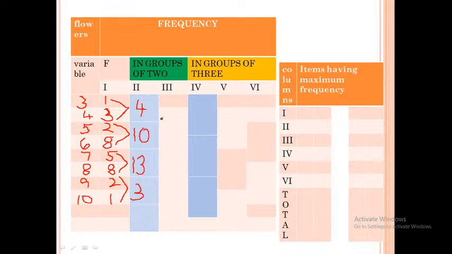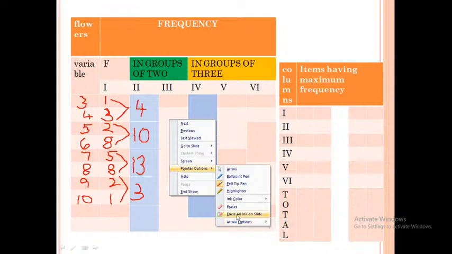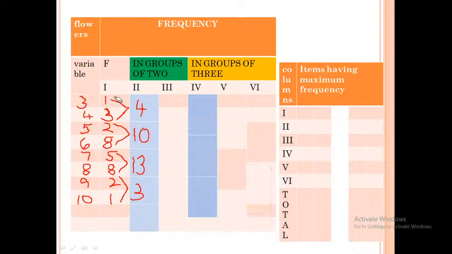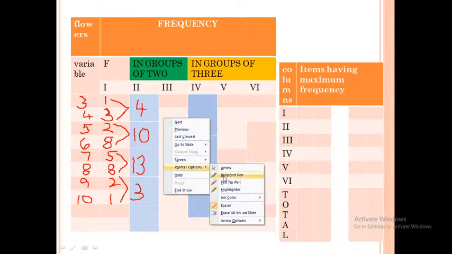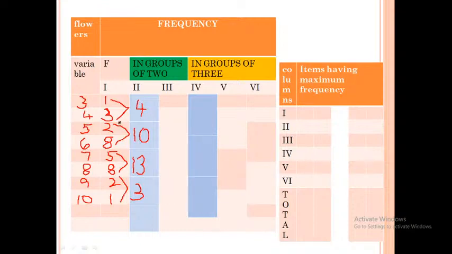Now, next step, that is in column 3. Column 3 is again done in groups of 2 itself, but ignoring the first value.